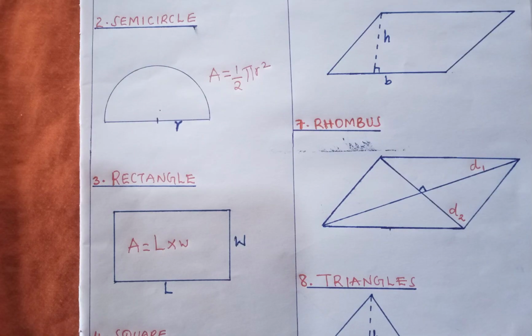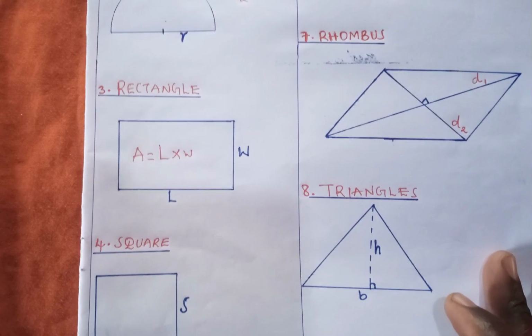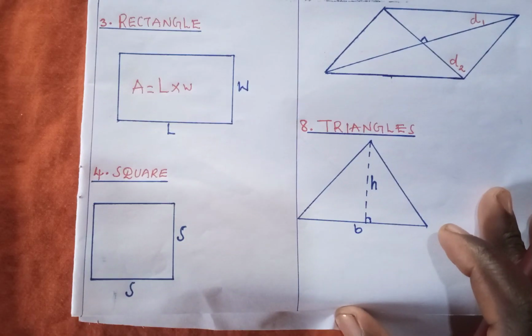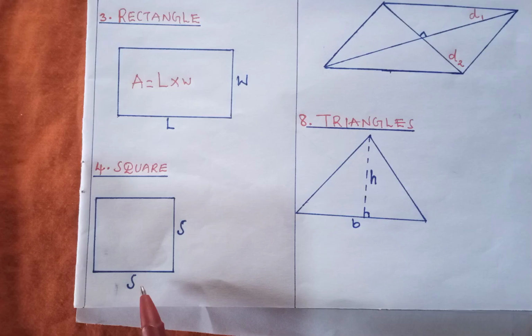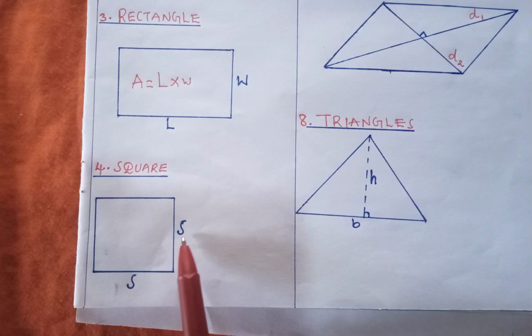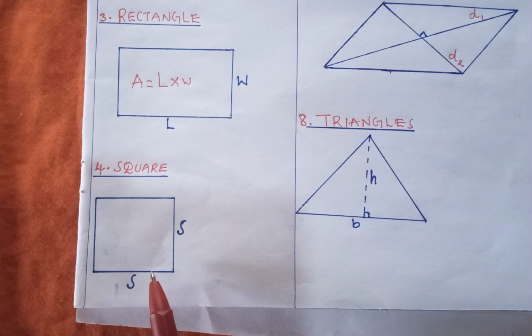The next figure that I'm going to mention here is the square. If you look at the square, you discover that I've used S on both sides. It simply means that this side here is the same as the other. In fact, all the sides in a square are equal.